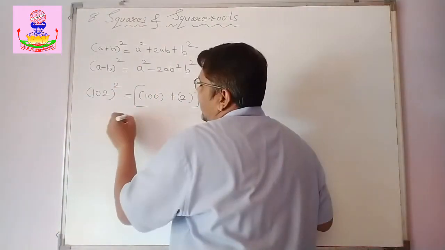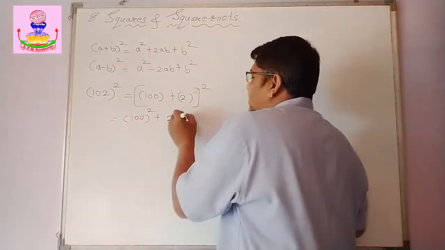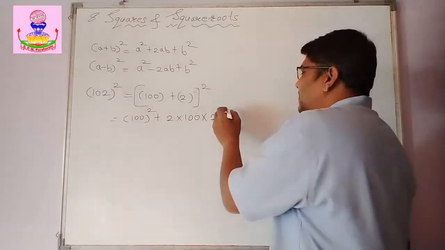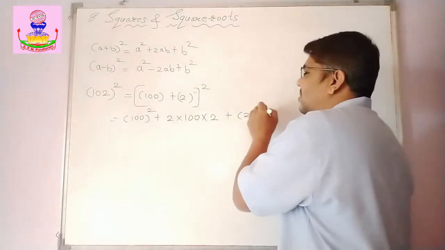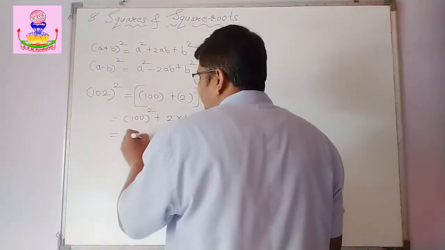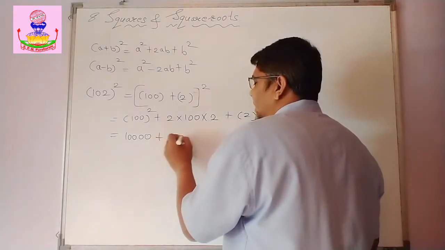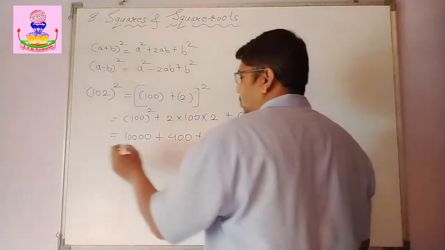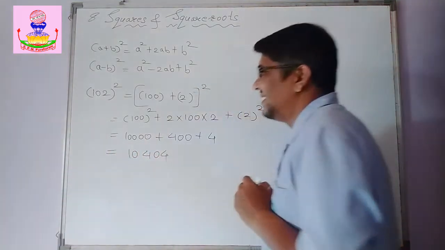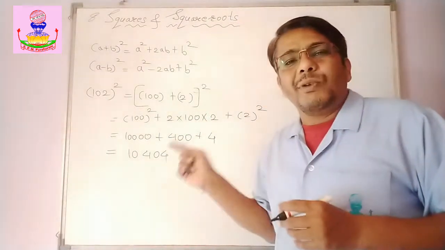So a square, that is 100 square, plus 2 into a, that is 100, into b, that is 2, plus b square, that is 2 square. Now 100 square is 10,000, plus 2 into 4, 4 into 100, 400, and 2 square is 4. So the answer is 10,404. Finished. No need to go for the lengthy multiplication method.